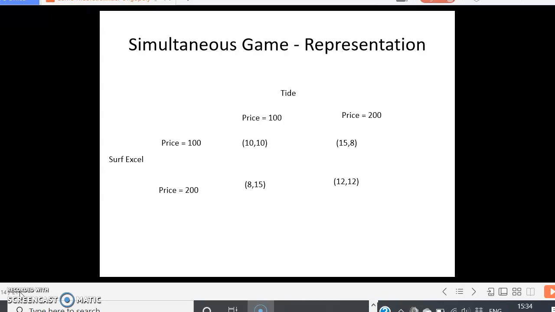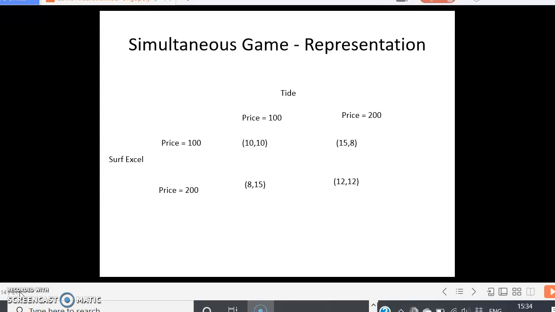So the first payoff is 10 and 10. Now the first payoff of 10 in this parenthesis represents the payoff of Surf Excel. The second payoff of 10 after the comma represents the payoff of Tide. Similarly, in the next situation, a payoff of 15 represents the payoff of Surf Excel and 8 represents the payoff of Tide.